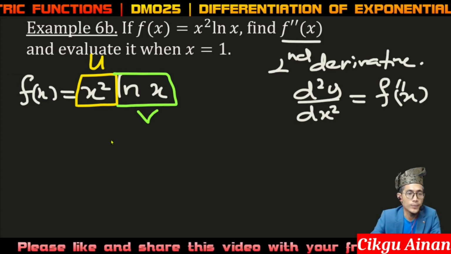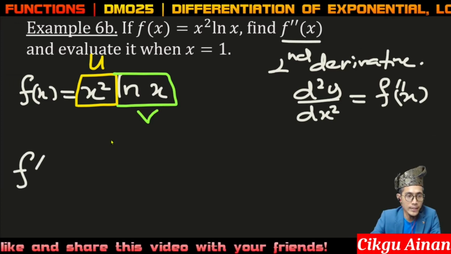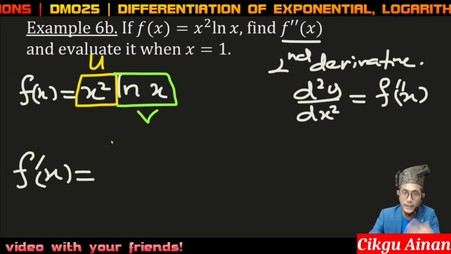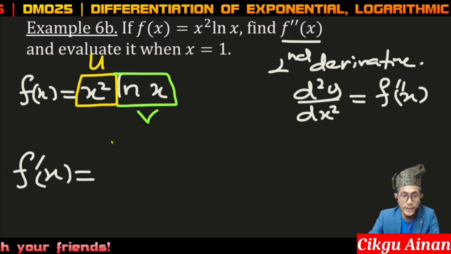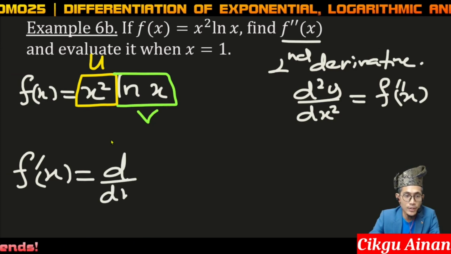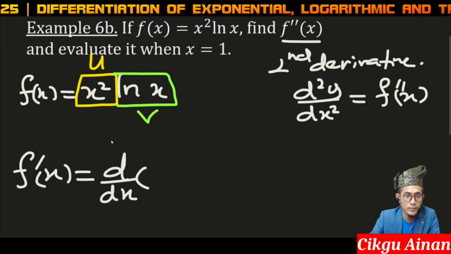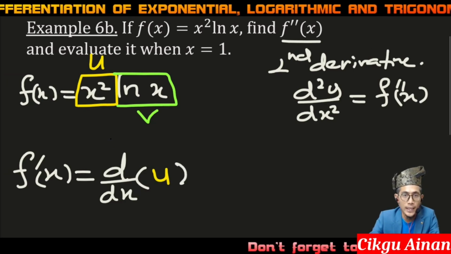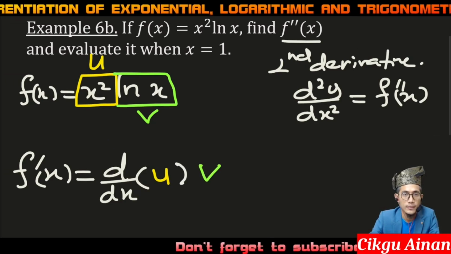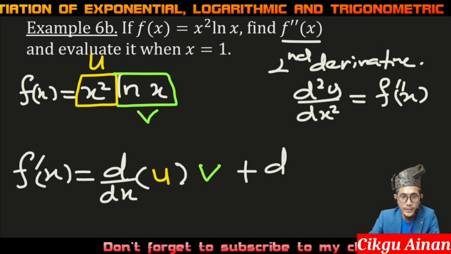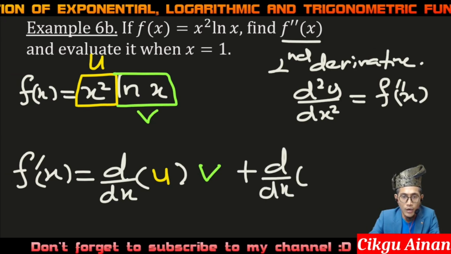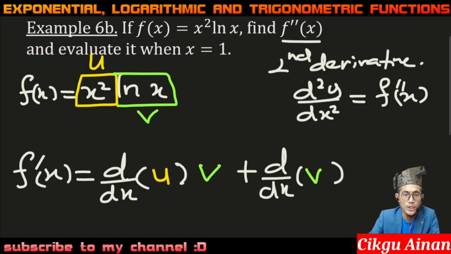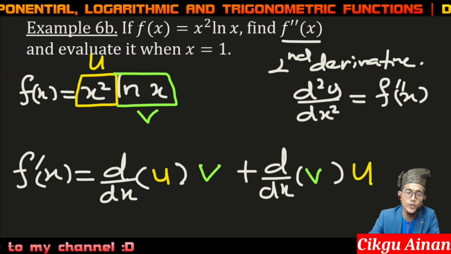So we can write f prime x, the first derivative, by applying the product rule: differentiation of u multiplied by v, plus differentiation of v multiplied by u.